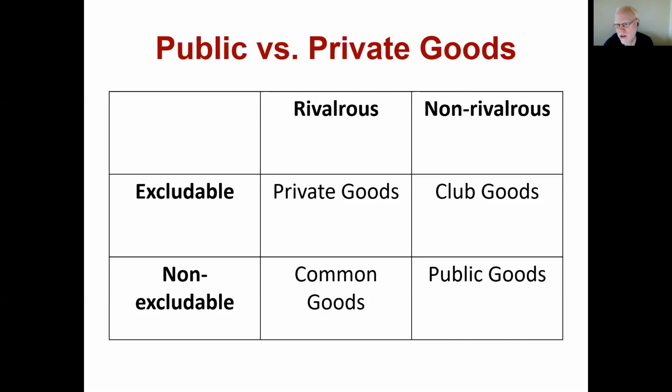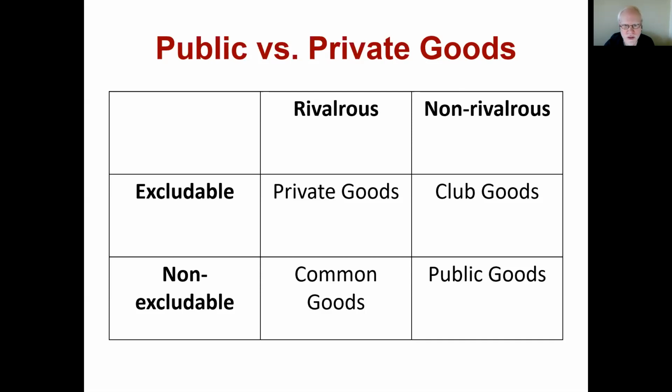So they are excludable. But me having access to HBO or joining a country club doesn't mean that you can't do so too, unless the country club has a cap on membership, but let's pretend that it doesn't, and HBO wouldn't have a cap on membership. Me signing up for HBO in no way diminishes the stock so that you can't. You still have to pay for access, so it's excludable, but it's not rivalrous.